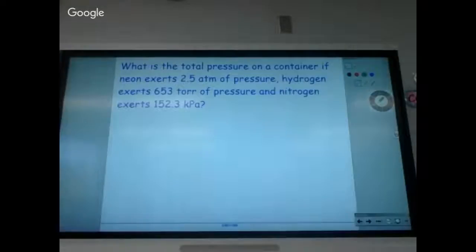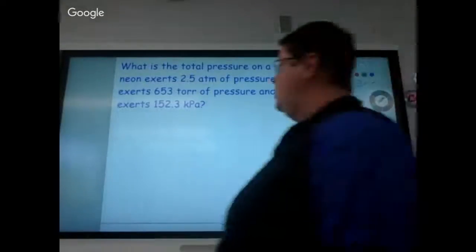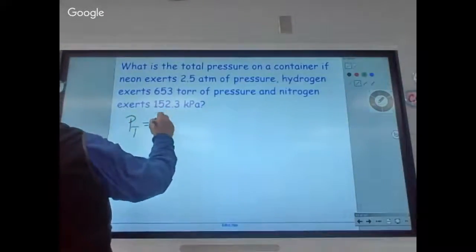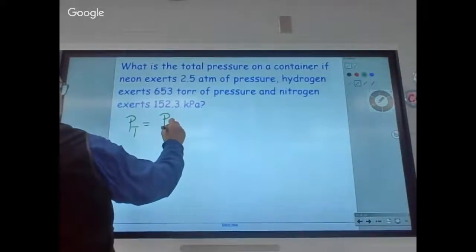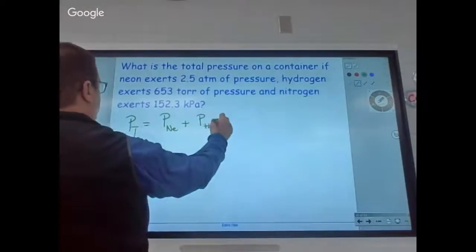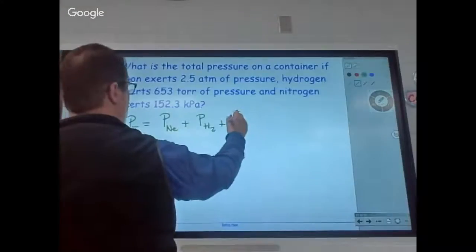All right, so when you look at it, it's exactly as Devontae said. You want to find total pressure. So what are you going to do? Okay? So if you were listening to him, he said we're going to add them all together. So total pressure is equal to the pressure of neon, pressure of hydrogen plus the pressure of, what's my other gas?